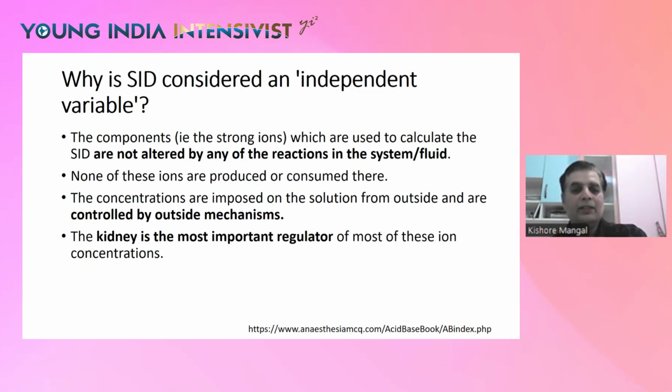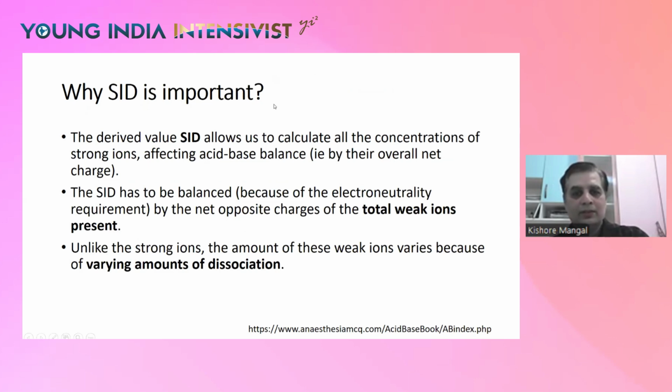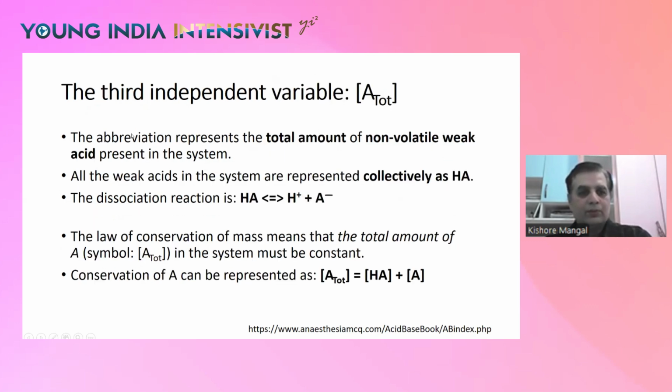So kidney regulates SID, and that is why SID is also an independent variable, right? For that to happen, if the control is outside, and kidney is also outside, SID becomes an independent variable. So this is important.